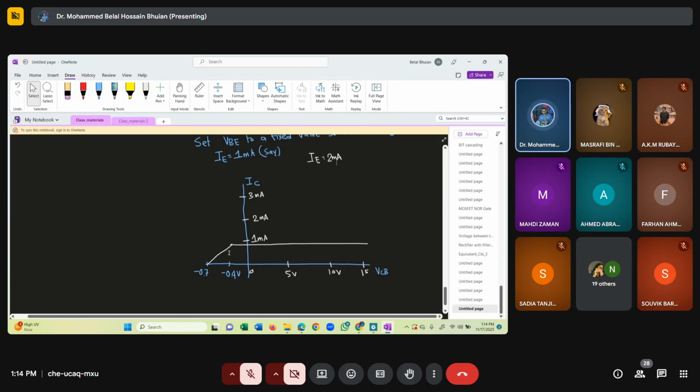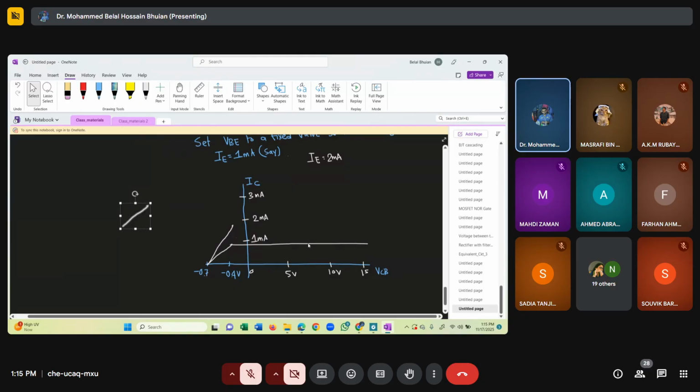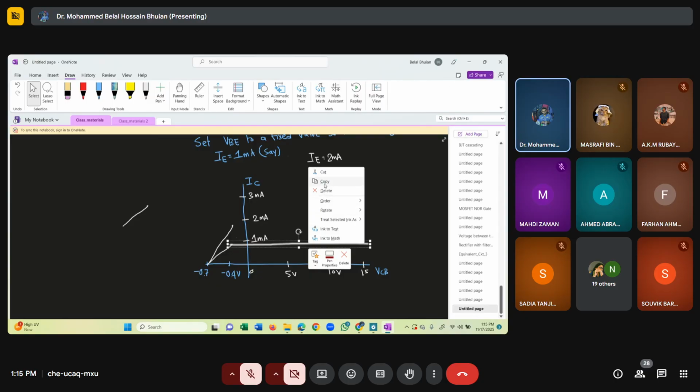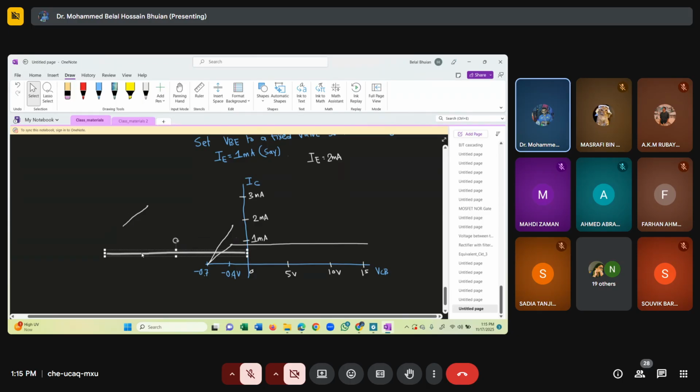Again, we're going to find something like this, just for 2 milliampere.